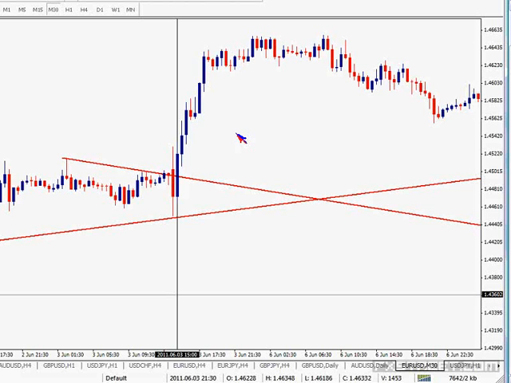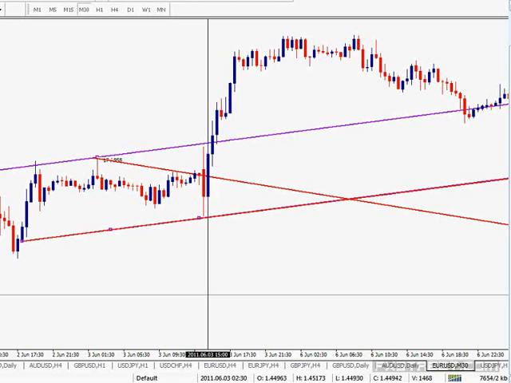Anyway, there is another option to measure the possible target of a triangle, by including the concept of time, okay? We must draw a parallel line, equal to this ascendant one. So I will use a channel to do that. We must draw a parallel line to this base of the triangle, testing this area at the higher level.